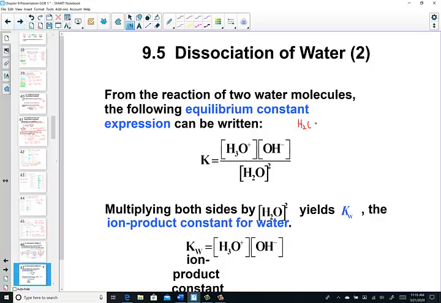A moment ago, we just had water plus water in dynamic equilibrium with hydronium and hydroxide. We're going to take the products, the hydronium and the hydroxide ion, and place them on the top of this expression. Since there's two water molecules on the reactant side, notice that this ends up to be squared. The equilibrium constant expression.